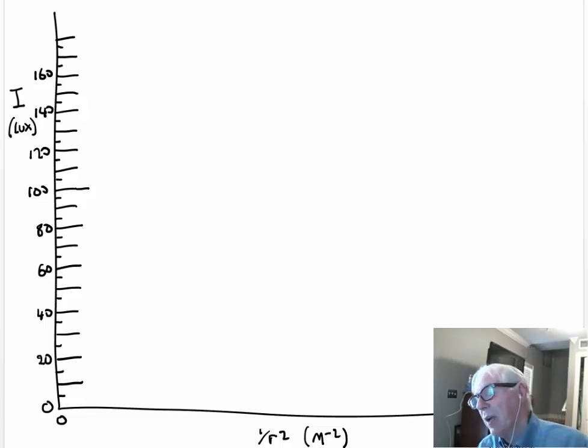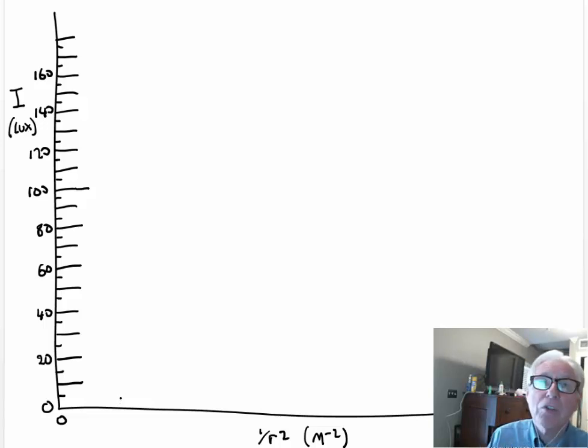So again, you count your way along and you use 1 to 1 or 1 to 2 or never 1 to 3. 1 to 4 is okay, 1 to 5 is better, never 1 to 6, never 1 to 7, 1 to 8 is okay, never 1 to 9, 1 to 10 is okay.